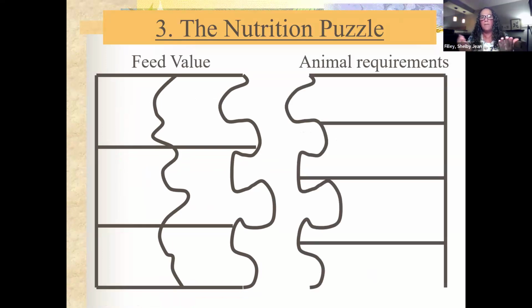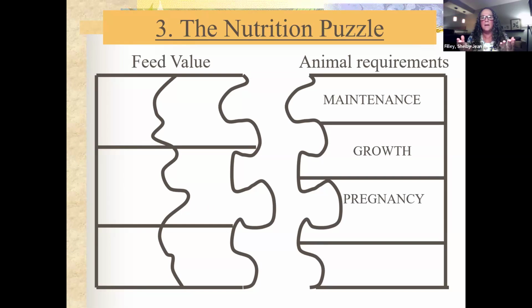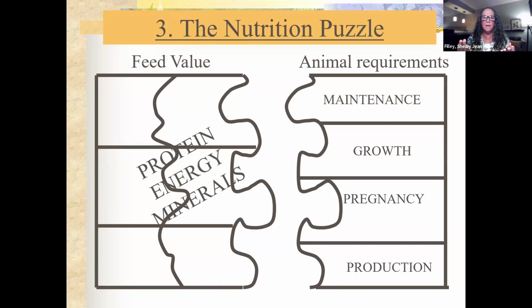On one side, we have the feed value. On the other side, we have the animal requirements: maintenance, growth, pregnancy, and production. And we have the protein and energy, et cetera, of the feed. Just matching them up so they fit well is what we want to do. So it's not too hard. We just need some tools.